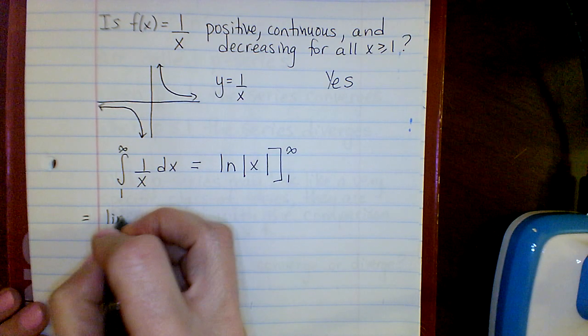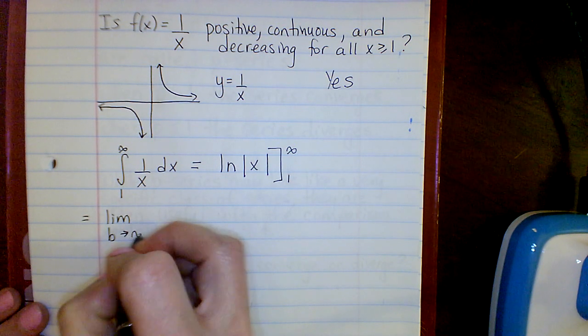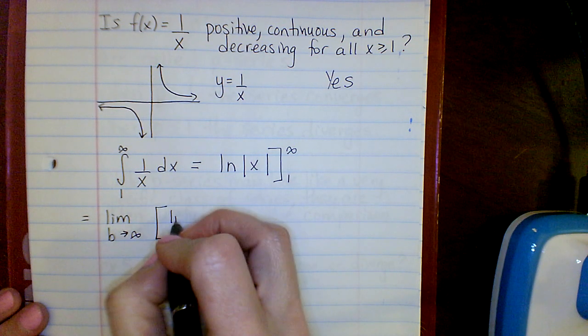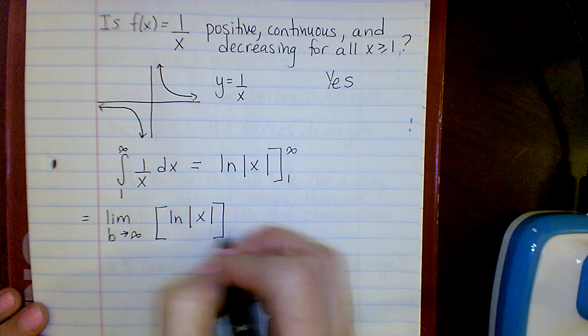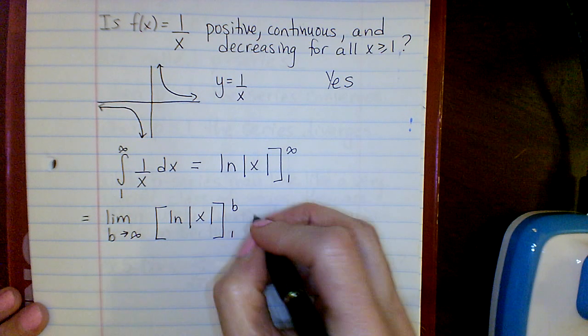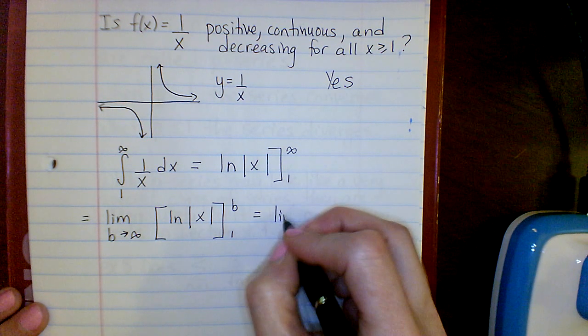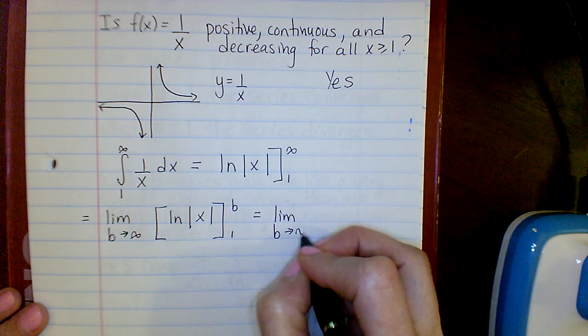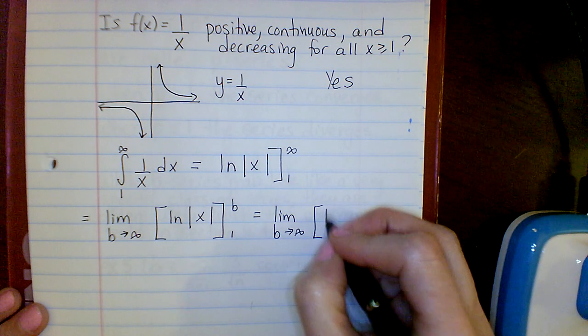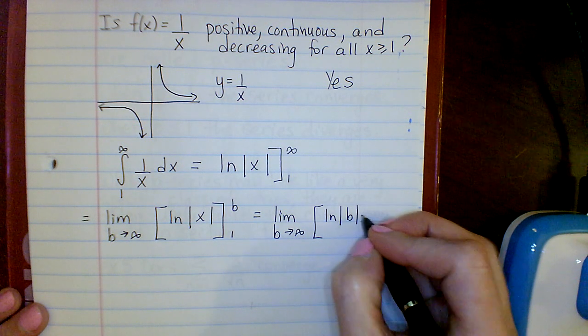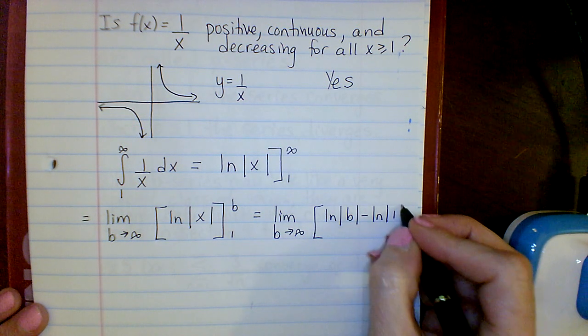Let's bring in the limit. As b goes to infinity, ln absolute value of x from 1 to b. So that's the limit as b goes to infinity of the natural log of the absolute value of b minus the natural log of the absolute value of 1.